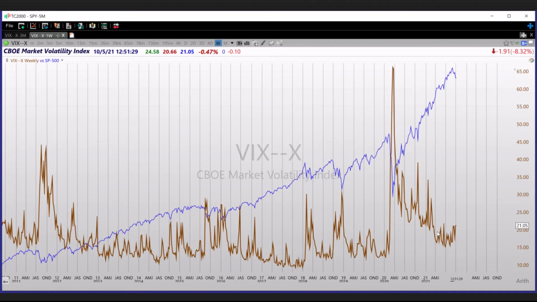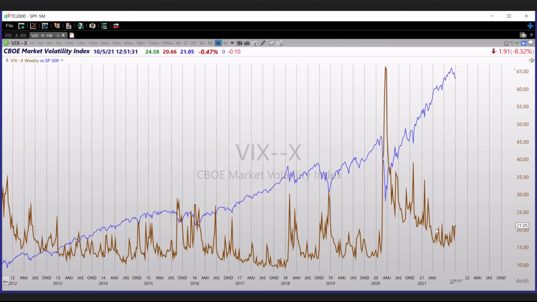You can see, to my point about buying volatility when it's cheap, it's a cheap form of protection. Historically, it's not as cheap as it's ever been. It was cheaper back here in 2017, 2018, and even back here. But you're very far down in that range, very close to those lows.